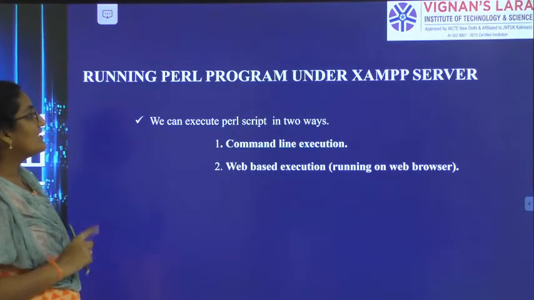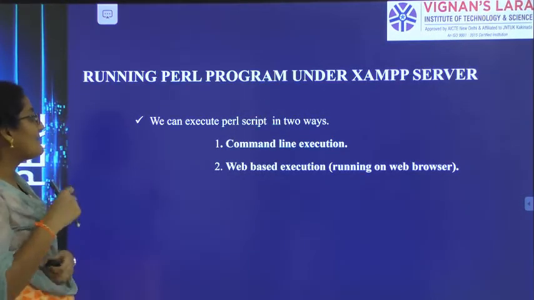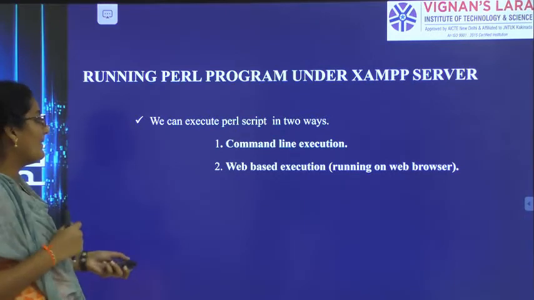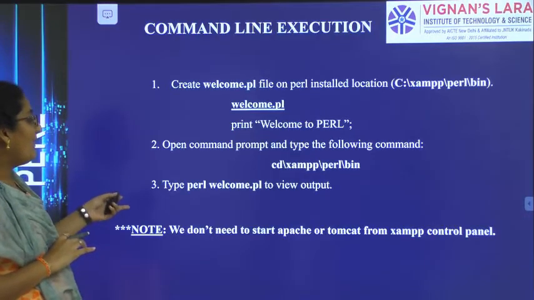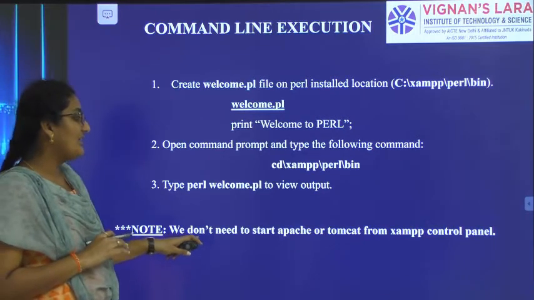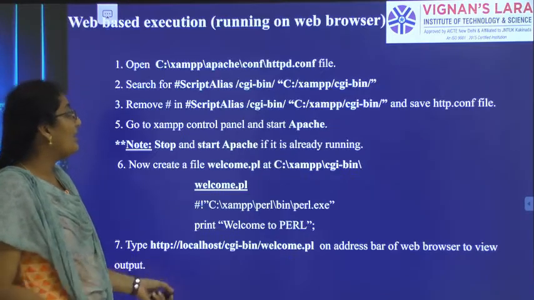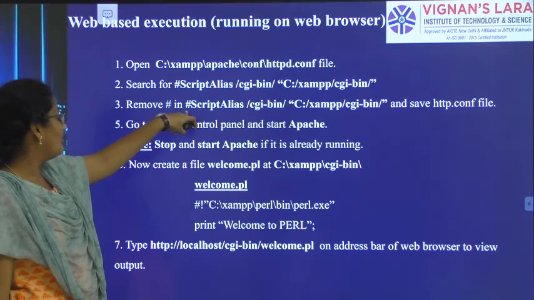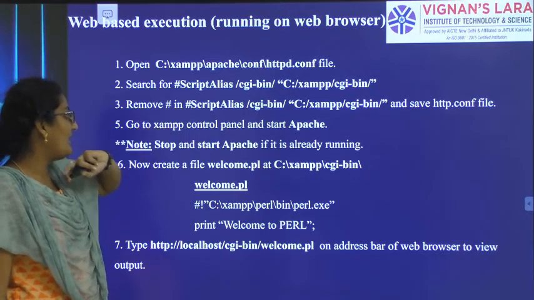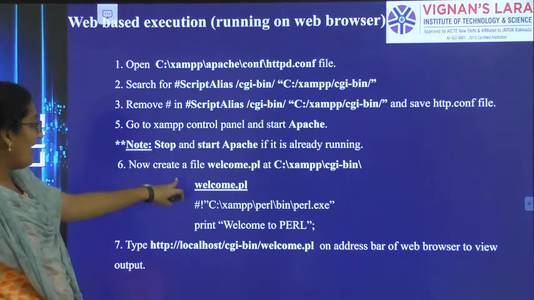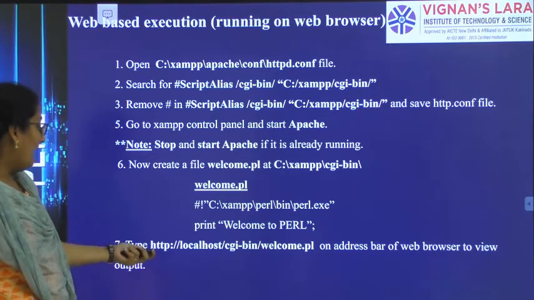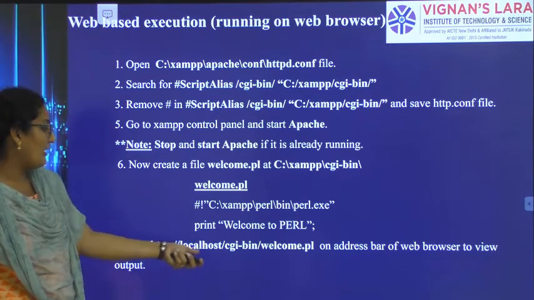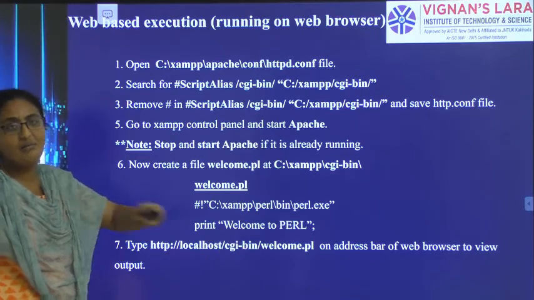Then how we can execute a parallel program on the server using command line execution or web-based execution. In command line execution, we are not taking the help of Apache or Tomcat. In web-based execution, you should remove the hash symbol in ScriptAlias, take the help of Apache and Tomcat, and type http localhost cgi-bin and your file name in the web browser.